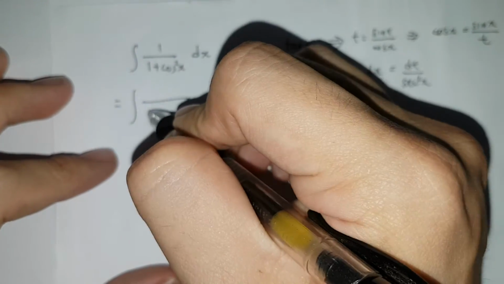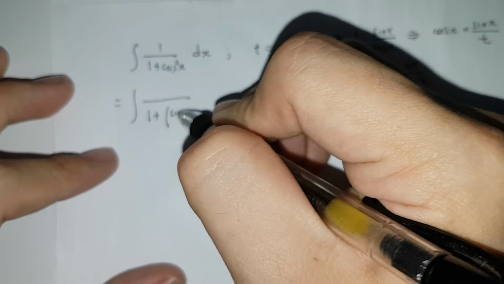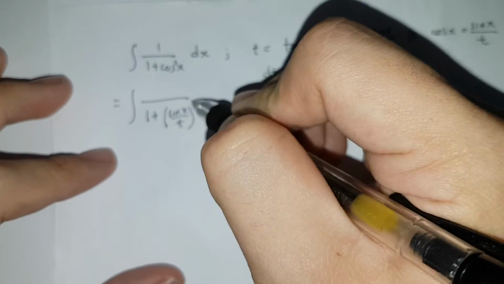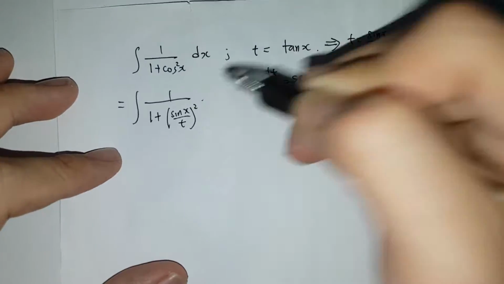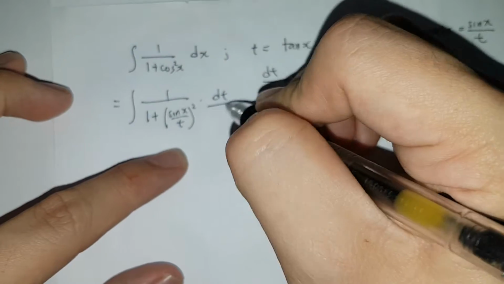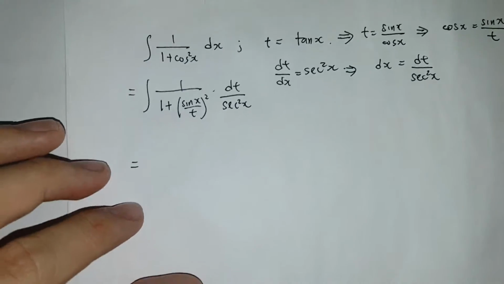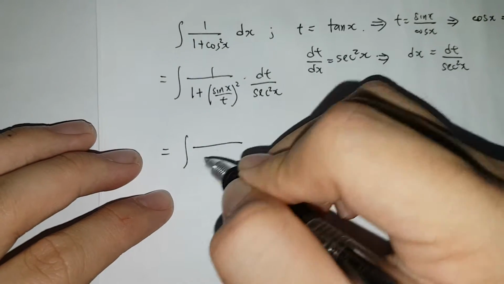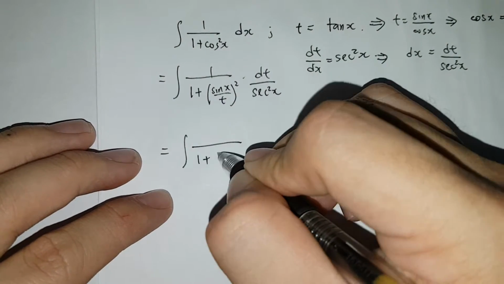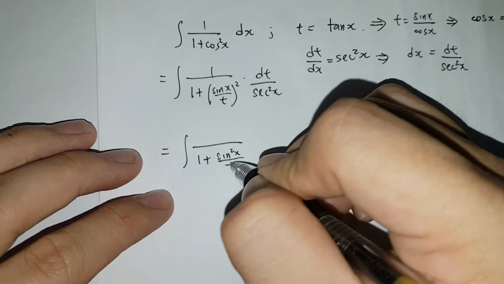Now what you need to do is just substitute in the expression given and see what you can do with it. Alright, so dt over secant square x, and this would give us t square over 1 plus sine square x over t square.